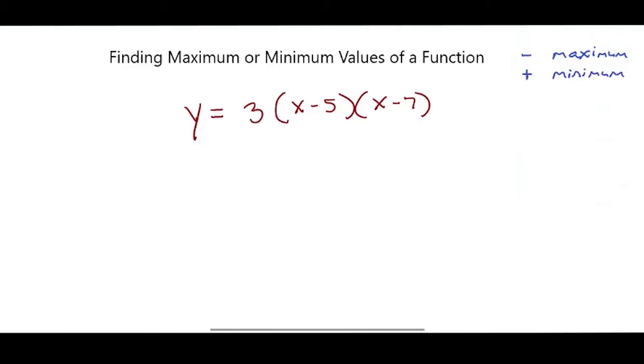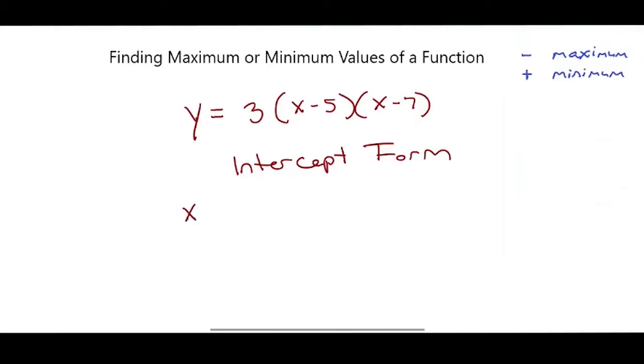So the way I find the minimum is, if you'll remember, this is an intercept form. What I'll need to find is where the vertex is. The y coordinate of the vertex will give me my maximum or minimum, in this case, the minimum. So I have to find the y coordinate of the vertex.